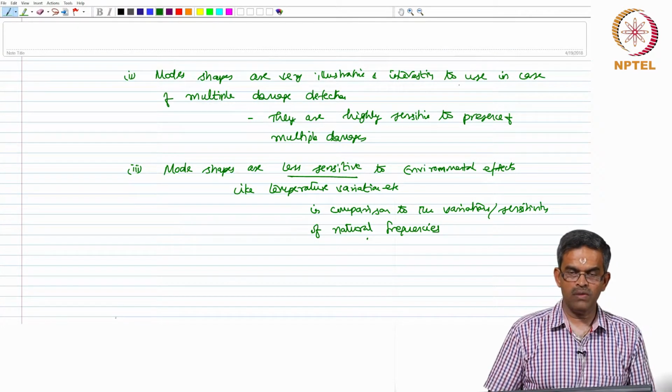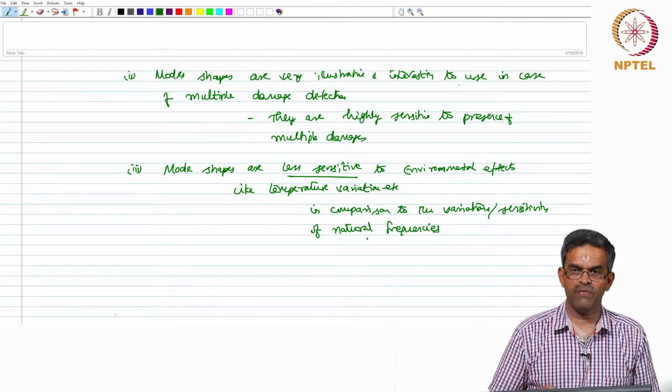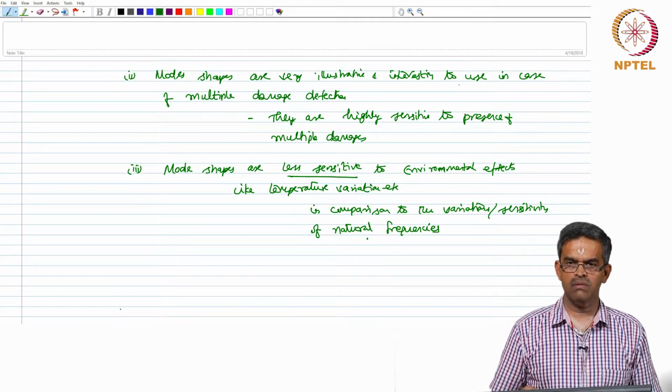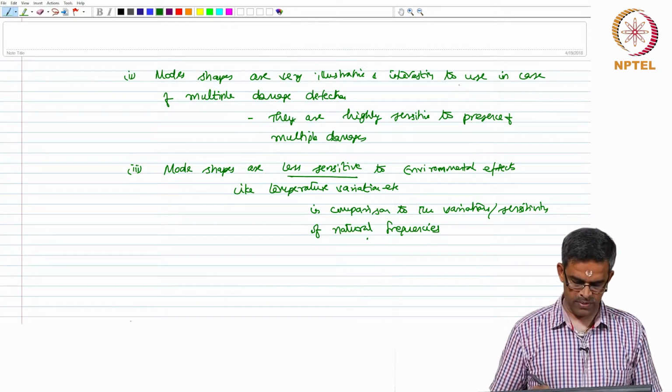So, it is because of these reasons mode shapes are preferred to identify not even single, but multiple damage locations.